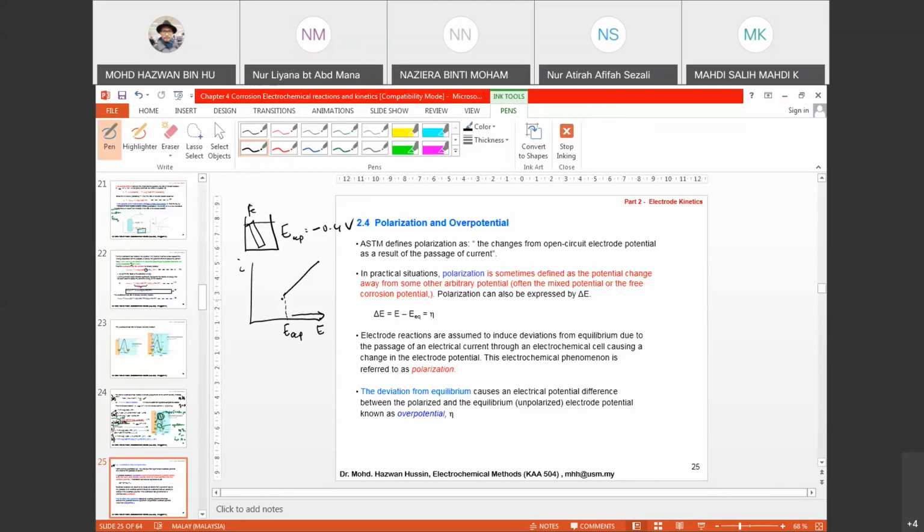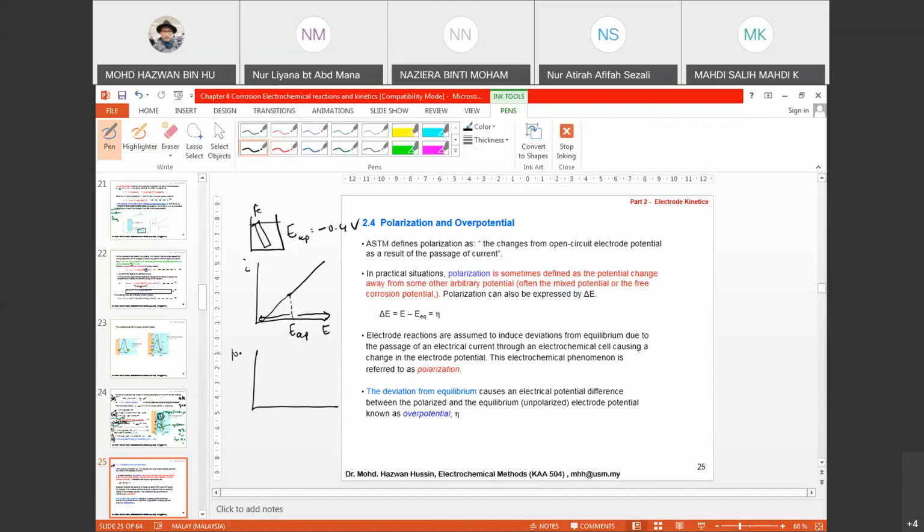Then if you change the potential value cathodically, you can also have a behavior that forms a decreasing linear trend or something like that. If you plot current versus potential, this EOCP is actually at current 0.